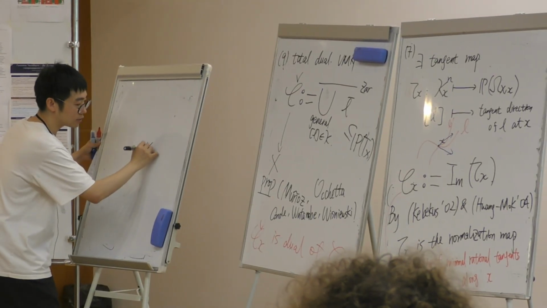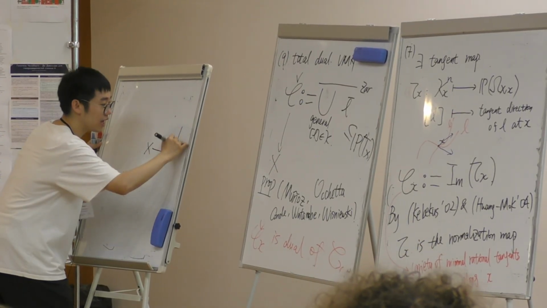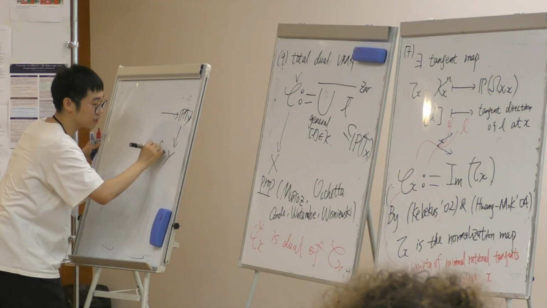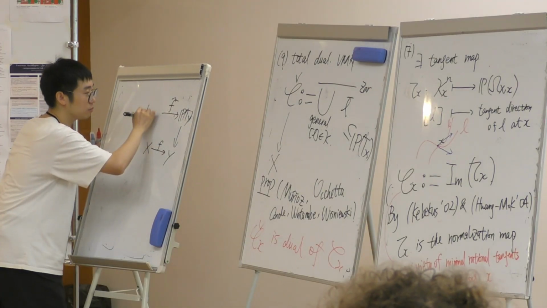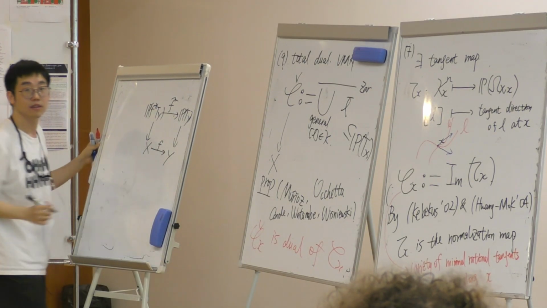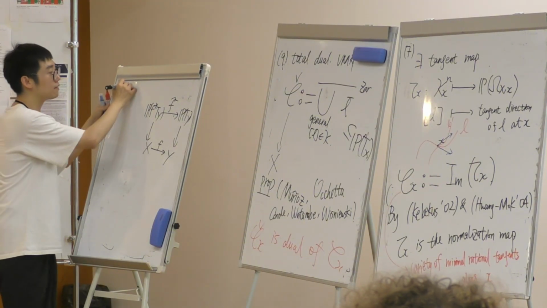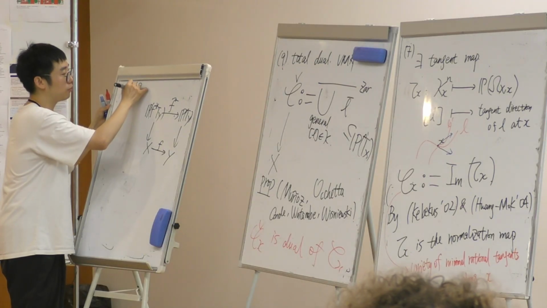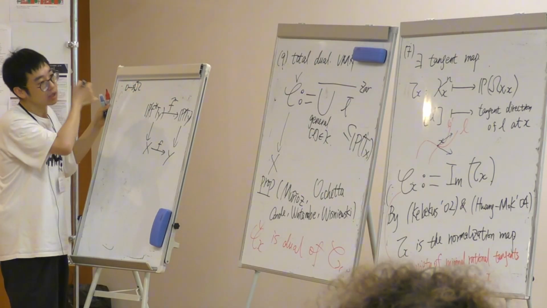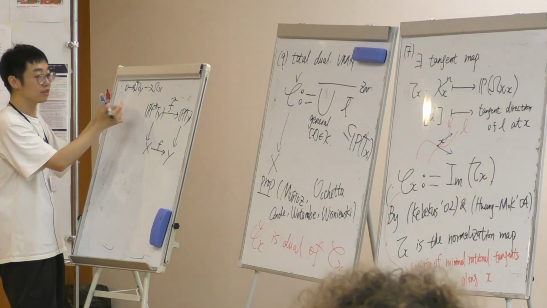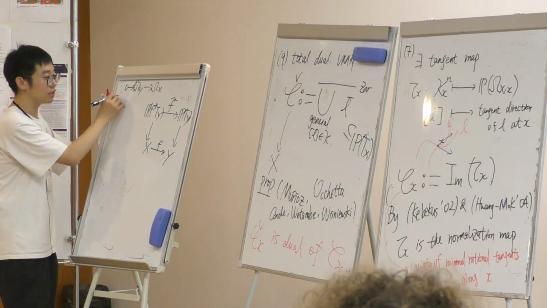So we have X to Y, right? And we have PTY. And we have the pullback action, the fiber product, f pullback TY, right? Okay, so we have the natural map from f pullback omega Y to omega X. This is the injection, right? And then we're taking the dual.